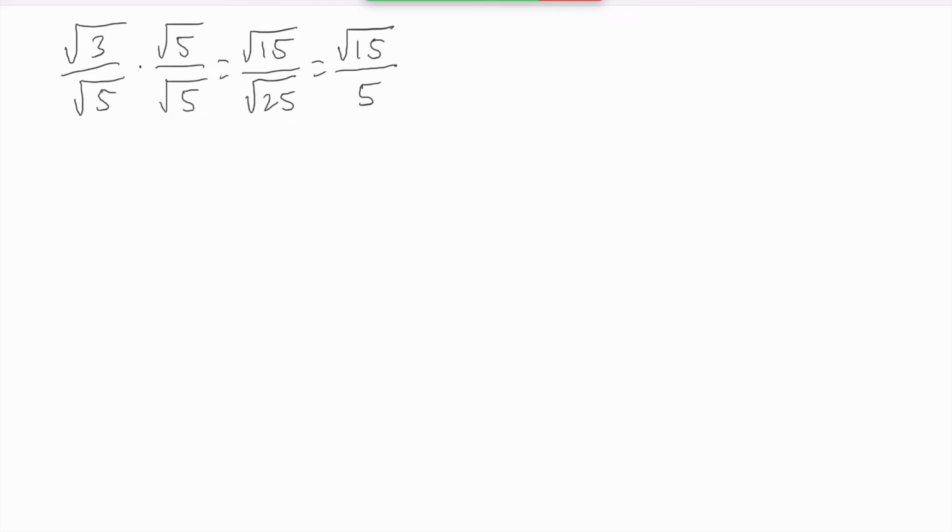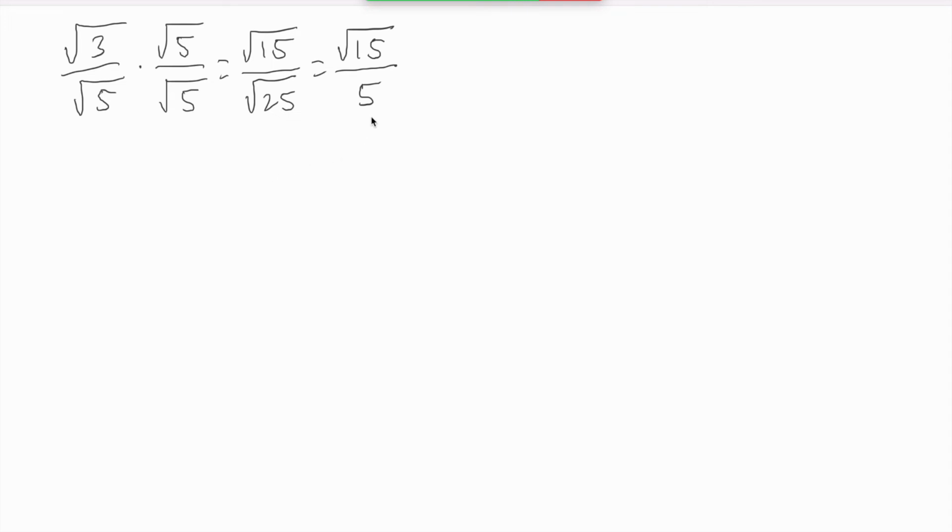Now, you can actually skip this step right here, because whenever you multiply a square root by itself, square root of 5 times the square root of 5 is just the square root of 5 squared, which is 5. Whenever you multiply a square root by itself, it's just the number underneath.